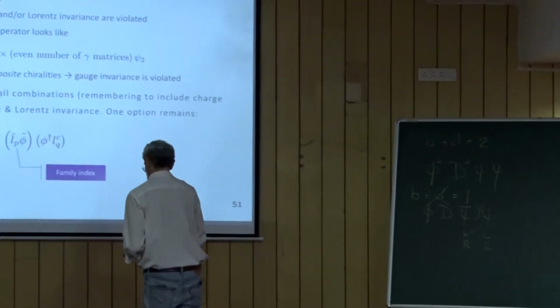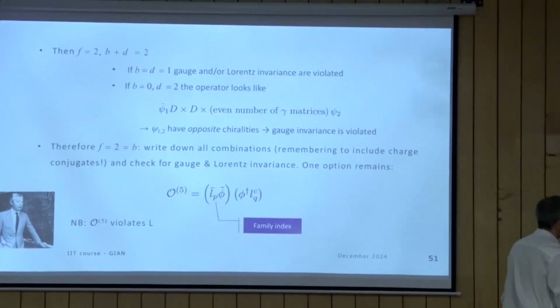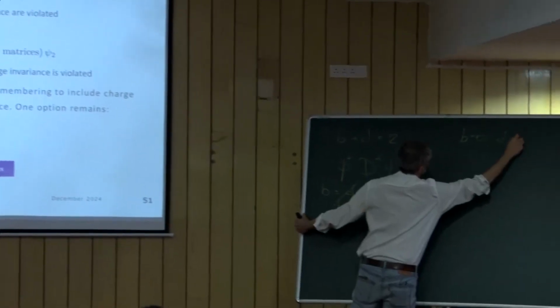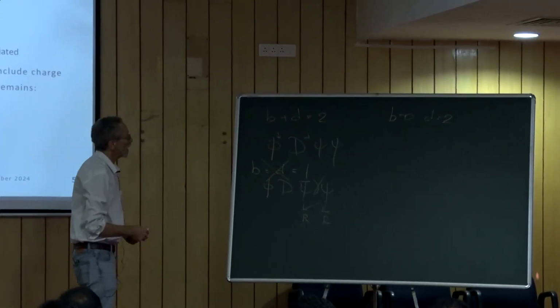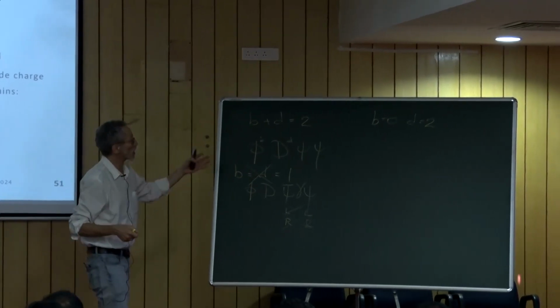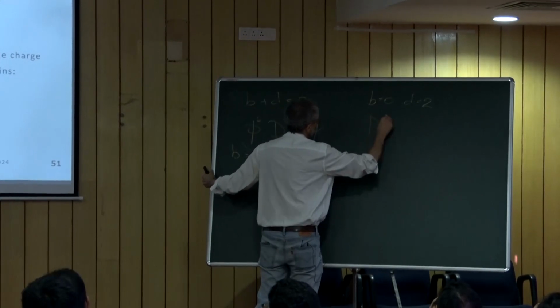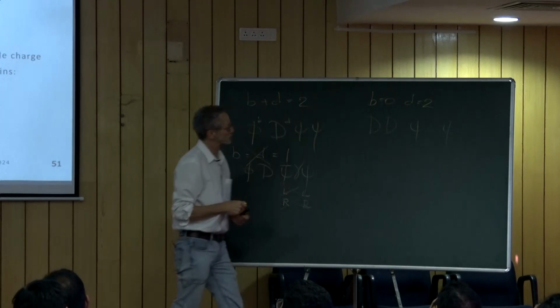All right, the next case. b is equal to 0, d is equal to 2. There are no scalars now. And now I have D, D, psi, psi. Okay?